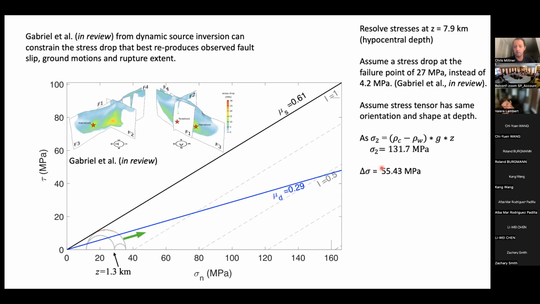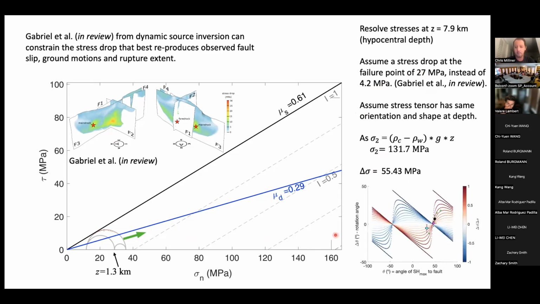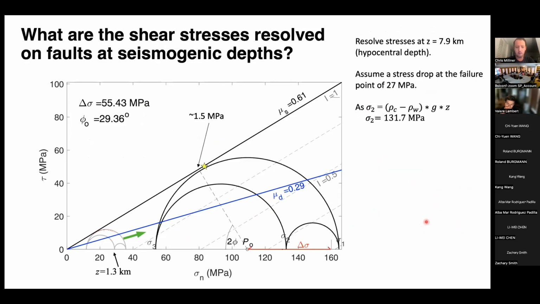I basically run that stress drop value through that stress rotation calculation again to get a new radius for a Mohr circle, which is about 50 megapascals. That's what's shown here, and this is our new stress tensor at depth. Here we're assuming that the stress tensor is the same shape and the same orientation at depth.